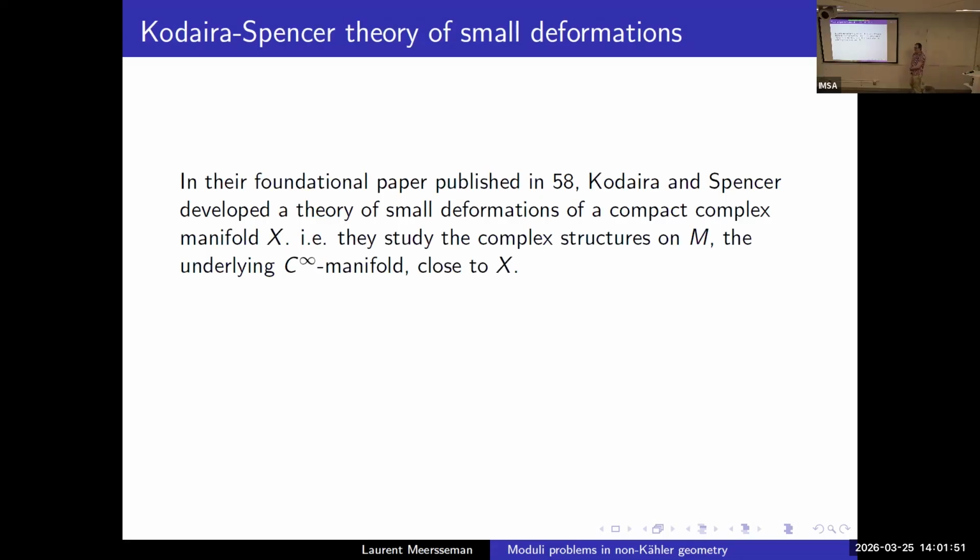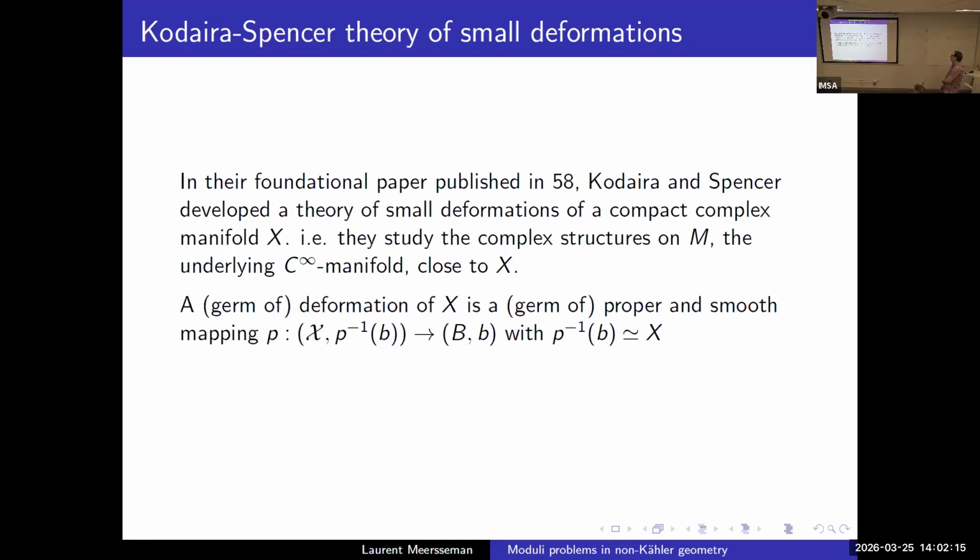So the basic question was to understand, when you start with a compact complex manifold X with underlying smooth manifold M, complex structures on M close to X. Of course, a good concept to do that is deformation.